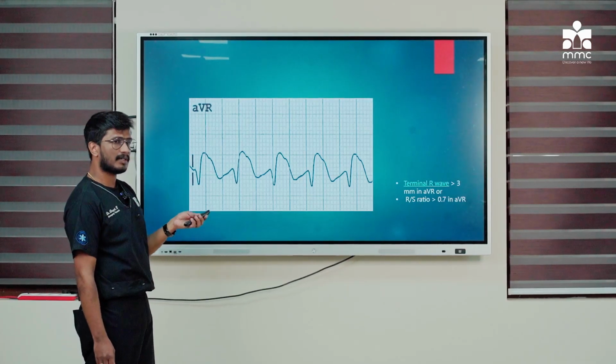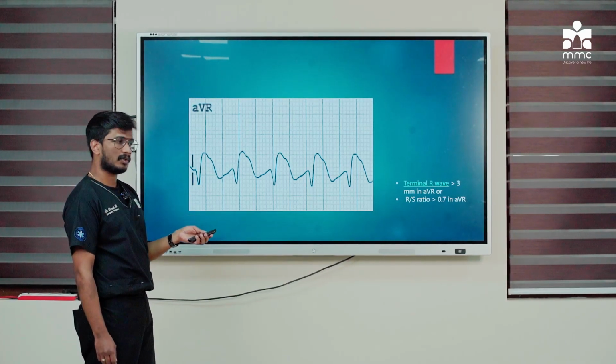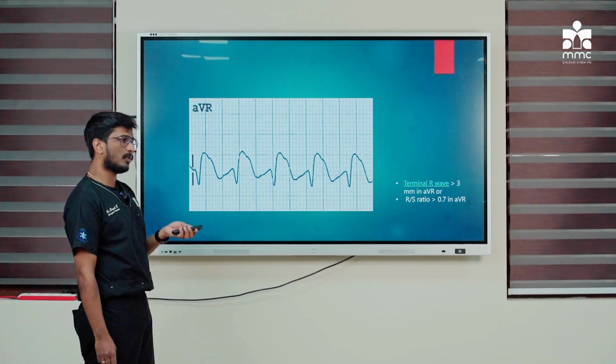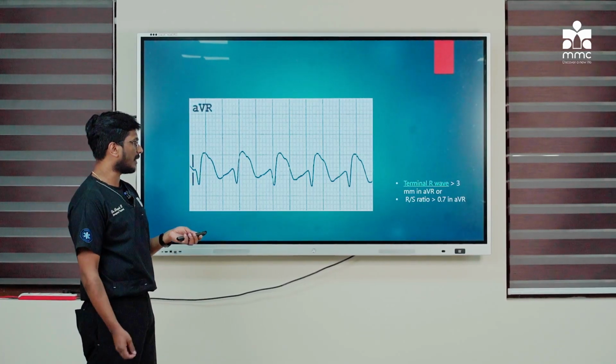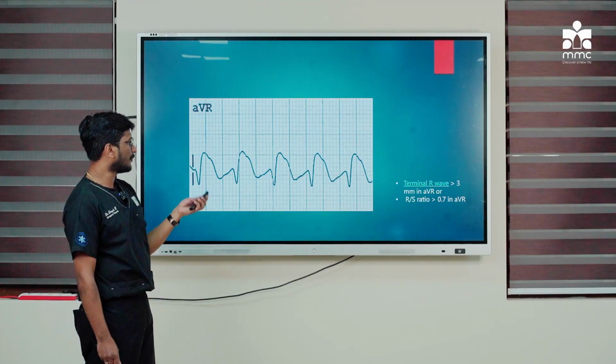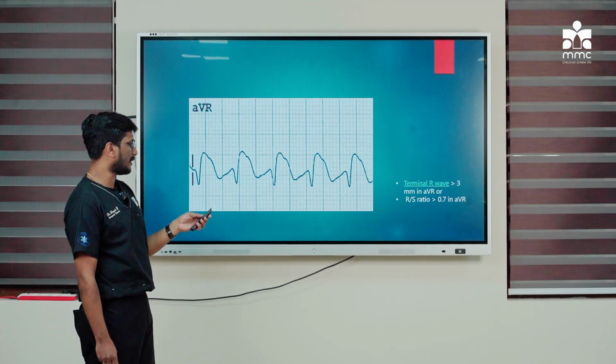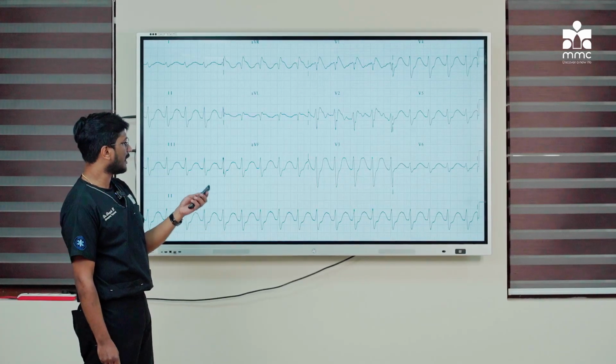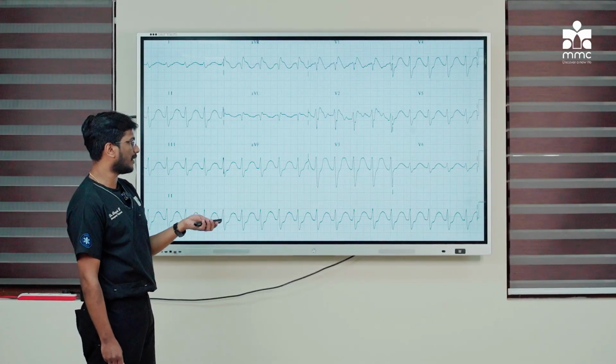This is a characteristic finding of sodium channel blocker overdose, not just cyclic antidepressants. Every drug with sodium channel blocking property, if you take an overdose, will show these types of ECG changes. So this is a typical ECG finding of cyclic antidepressant overdose.